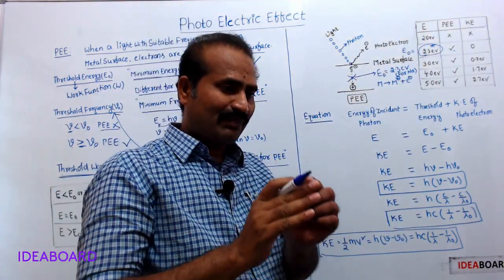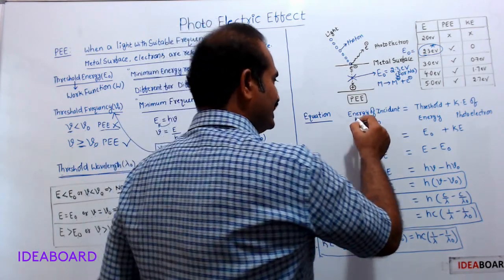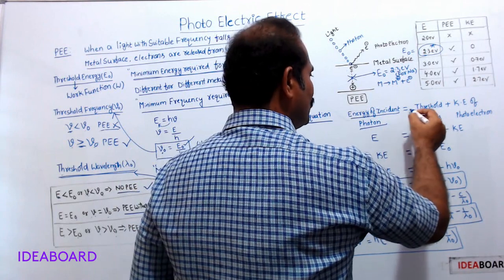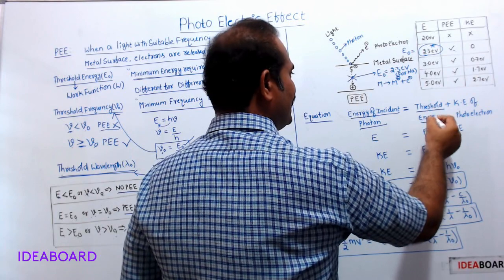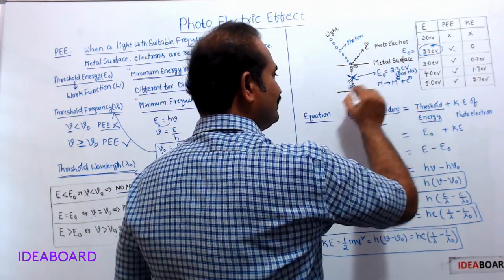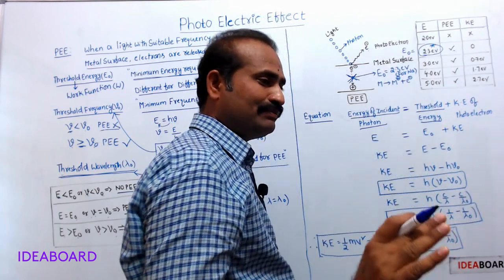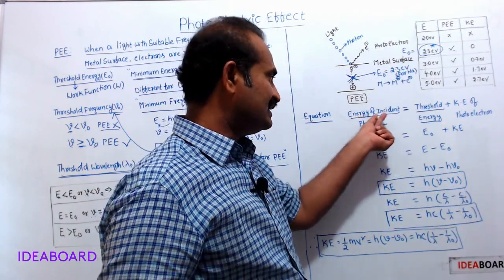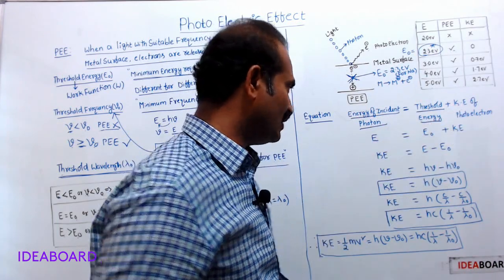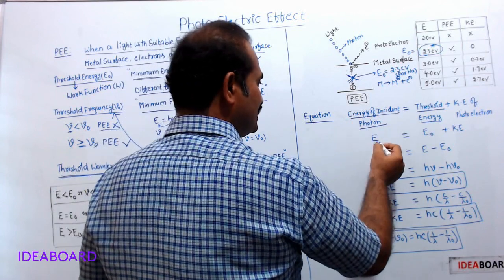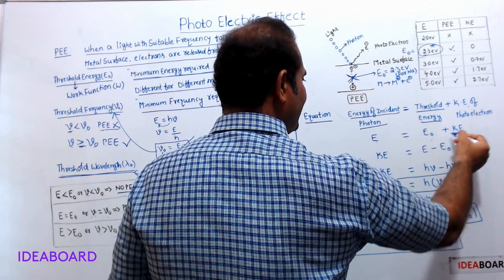Therefore, energy supplied to the electron in the form of photon, energy of incident photon, is equal to threshold energy, which is required to break the attractions between electron and metal ion, plus remaining energy which turns to kinetic energy. As per law of conservation of energy, energy of incident photon should be equal to threshold energy plus kinetic energy of photoelectron. Here energy of incident photon is denoted by E, threshold energy E naught, kinetic energy of photoelectron Ke.